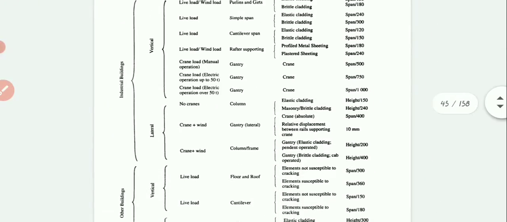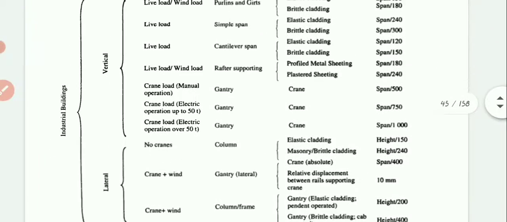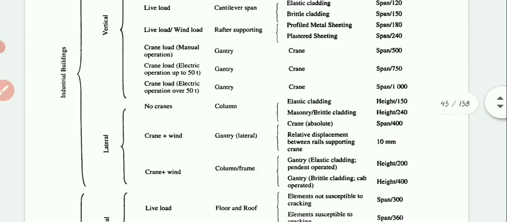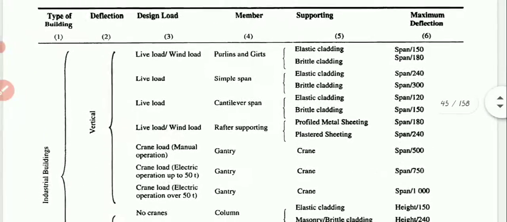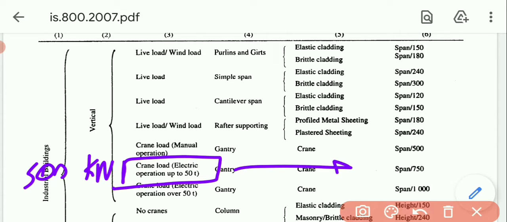See, now in this one you can see table number 6, deflection limits. Over here, for EOT crane girder up to 50 ton, that means 500 kilonewton capacity, the deflection criterion is span by 750.